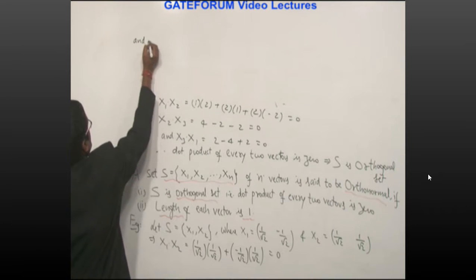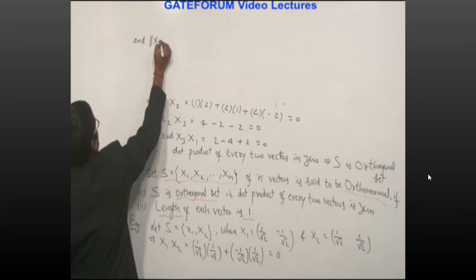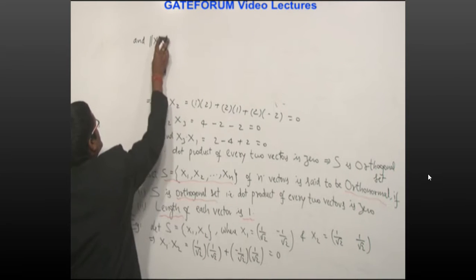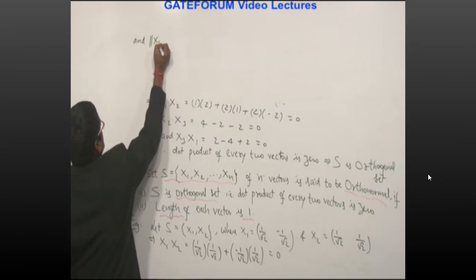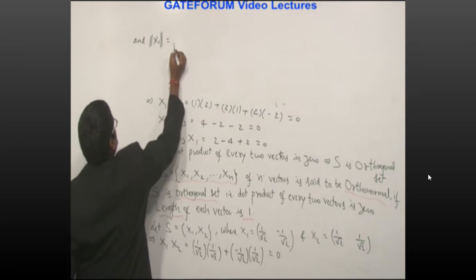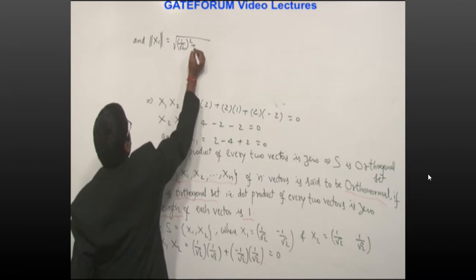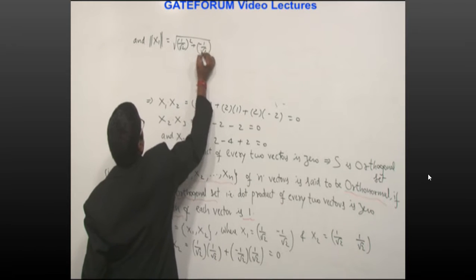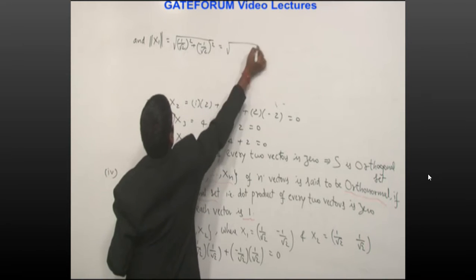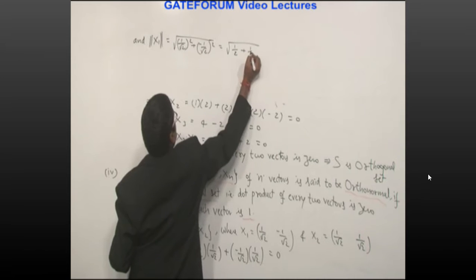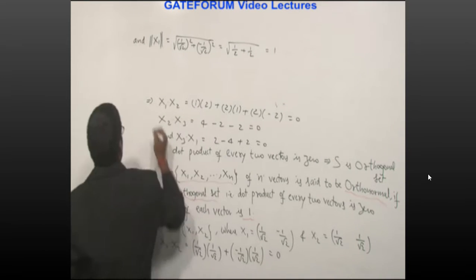And the length of this first vector is equal to the square root of (1 by root 2) whole squared plus (-1 by root 2) whole squared. So that is the square root of 1 by 2 plus 1 by 2, that is 1.